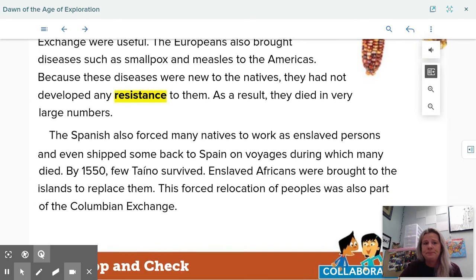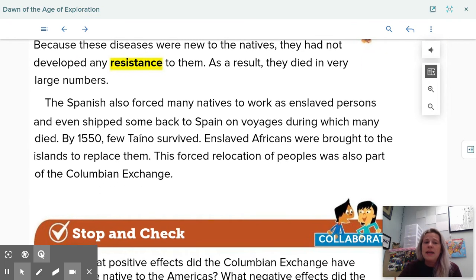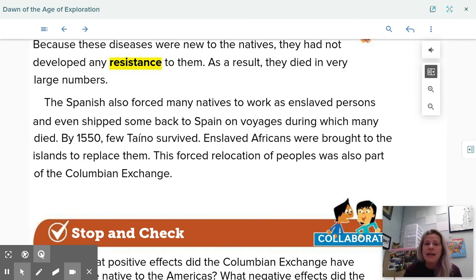The Spanish also forced many natives to work as enslaved persons and even shipped some back to Spain on voyages during which many died. By 1550, few Taino survived. Enslaved Africans were brought to the islands to replace them. This forced relocation of peoples was also part of the Columbian Exchange.